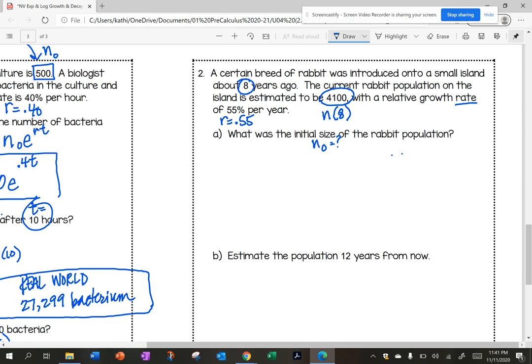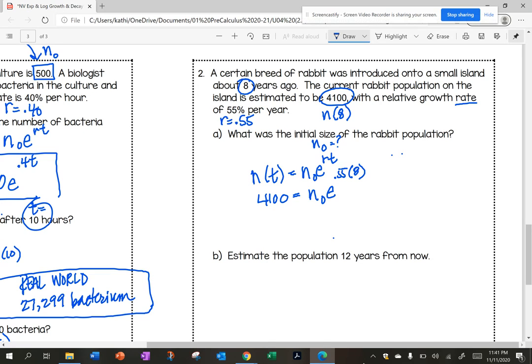So my equation, n sub t equals n sub 0 e to the rt. Substituting in, n sub t is 4,100 equals n sub 0 e, my rate is 0.55, and t is 8.